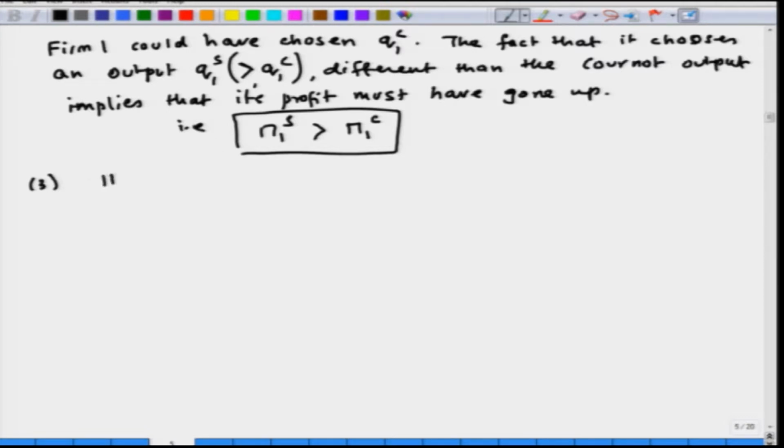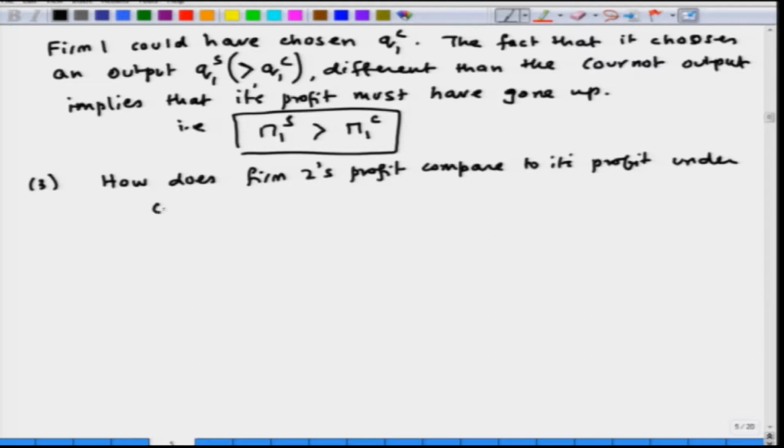So, how does firm 2's profit compare to its profit under Cournot? That is, we are interested in comparing the profit that firm 2 gets under the Stackelberg model with the profit that it gets under Cournot.